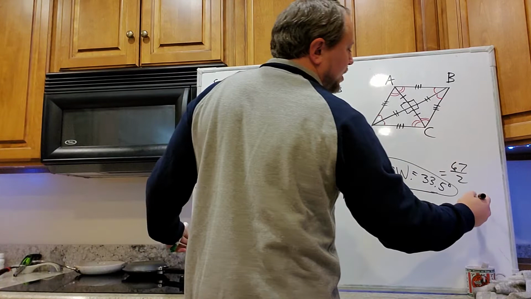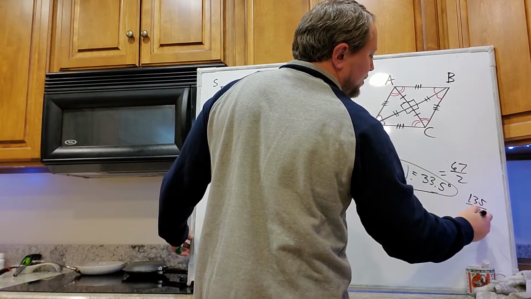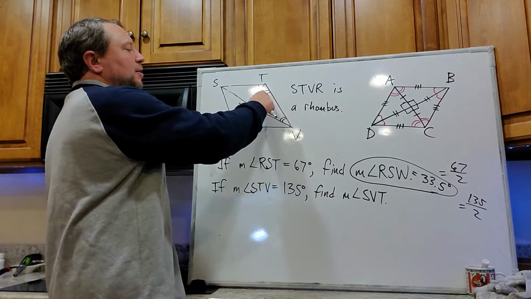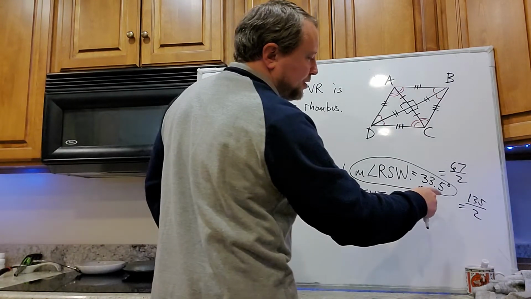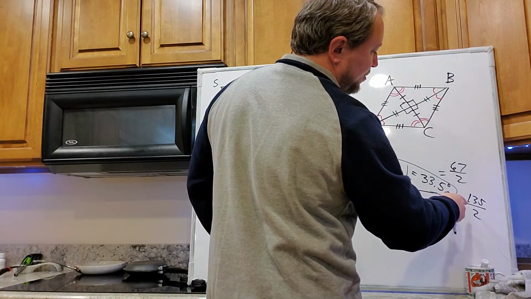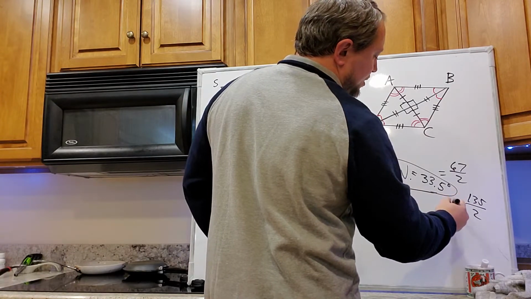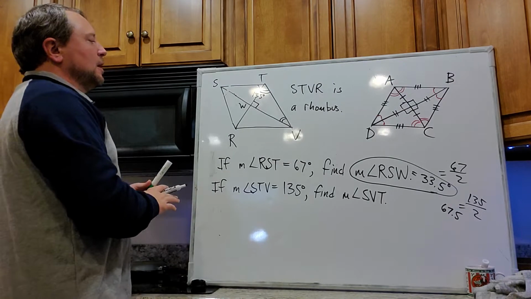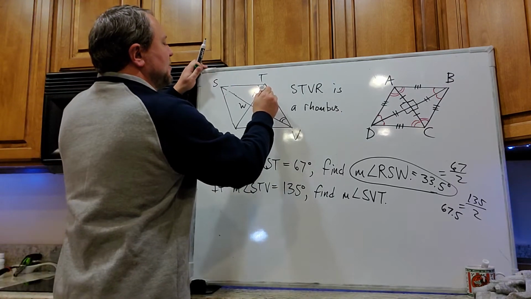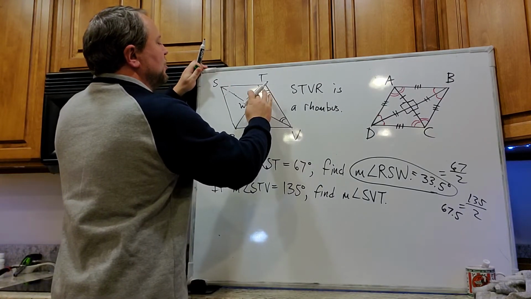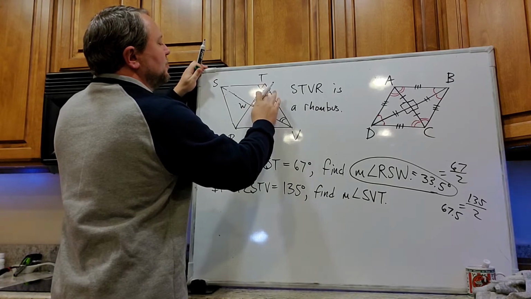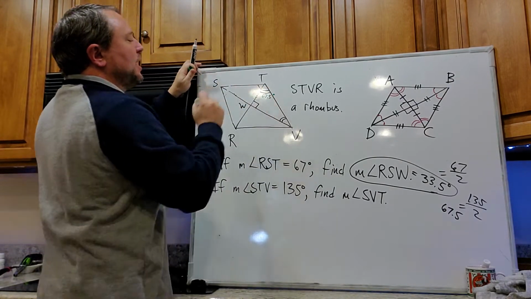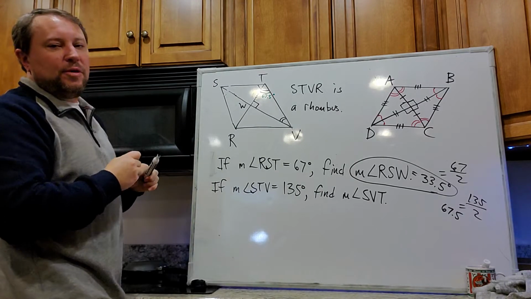So like I did over here, I do need to do half of the 135 to get this angle up here. And that gives us 67 and a half. I'm going to erase this 135 for now so you don't get confused, but that's 67 and a half degrees for that angle. And do you see where I'm going now?